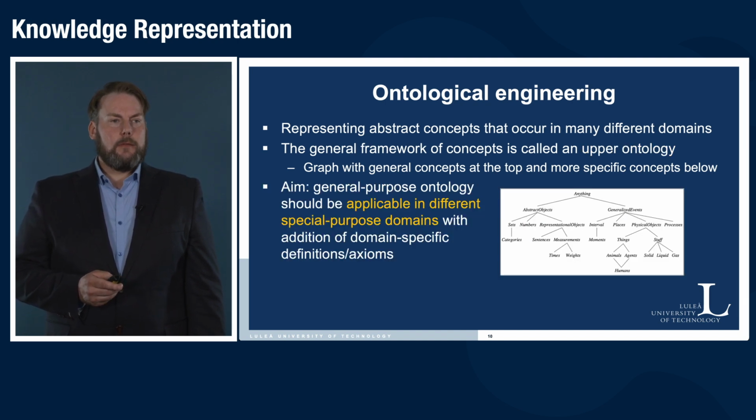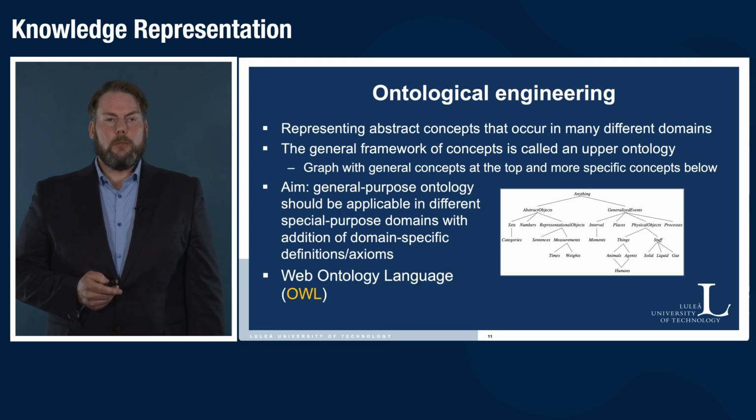And the aim is to have a general purpose ontology that is applicable in different special purpose domains, with addition of some domain-specific definitions or axioms. And one example of this is web ontology language that is typically used to describe upper ontologies.